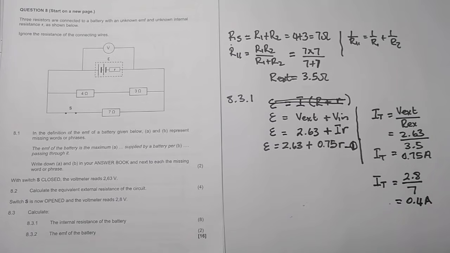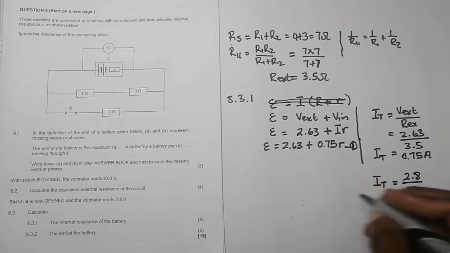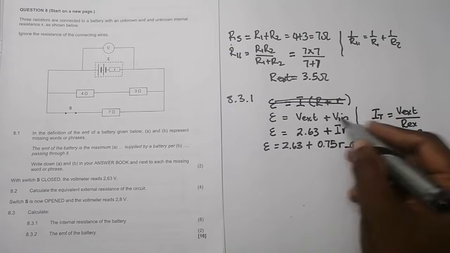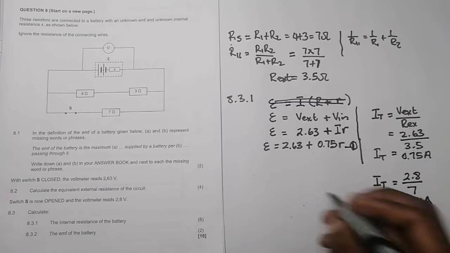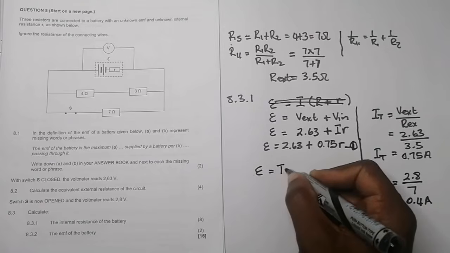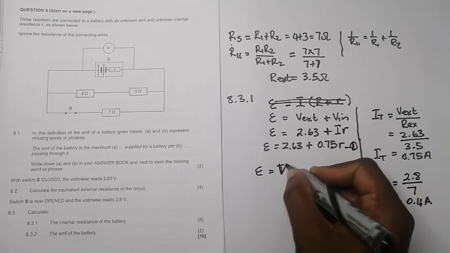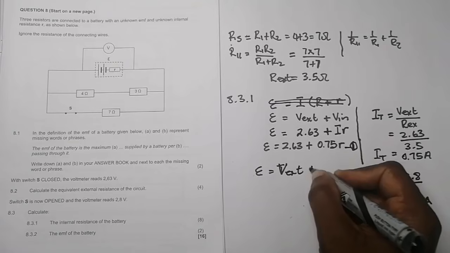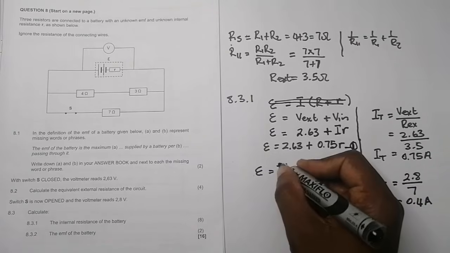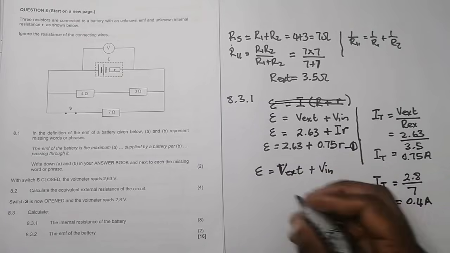Can you see? Now that we have changed the setup, the external resistance affects the current, which will ultimately affect the lost volts, or what we call V internal. So for equation 2, again we're going to use the same equation. Let's use V external plus V internal, or V loss, that's what I'm used to calling it.